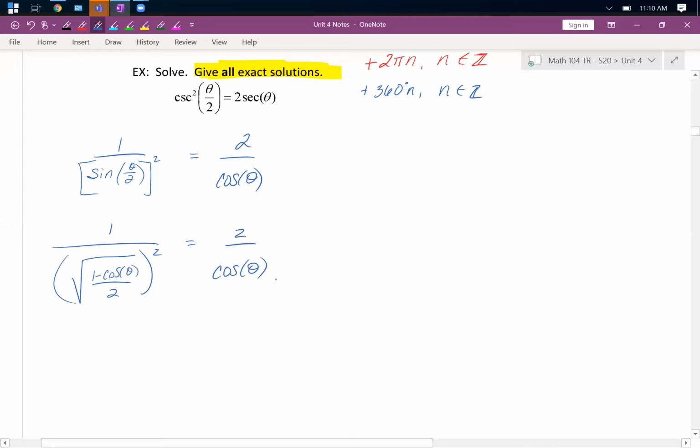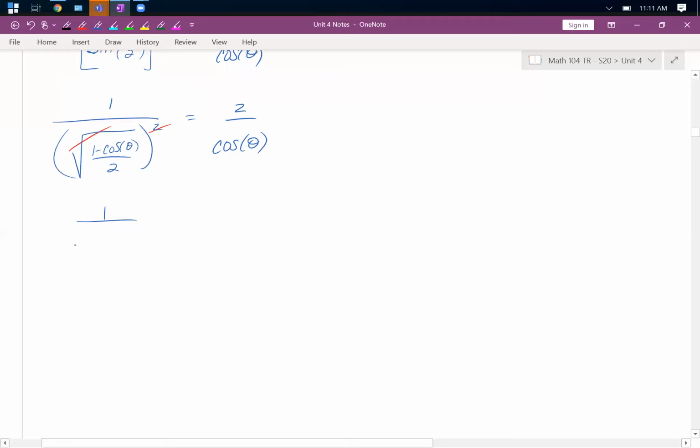Any questions so far? On the left, our square and square root are going to cancel out, leaving us with 1 over 1 minus cosine over 2 equal to 2 over cosine.